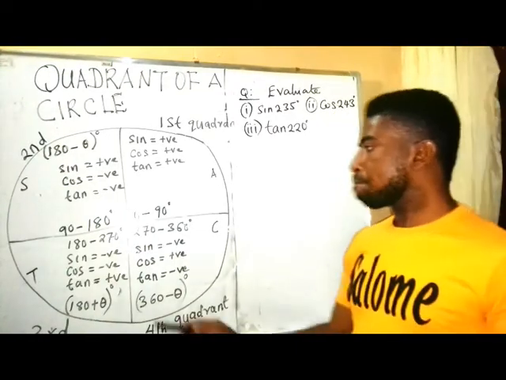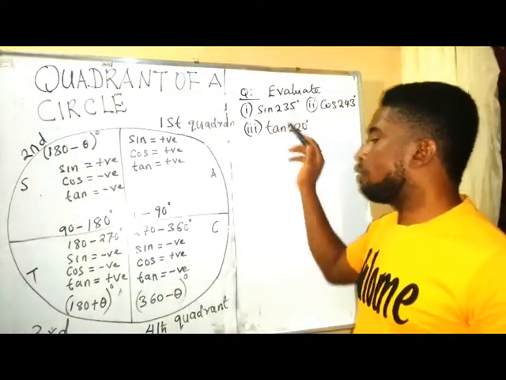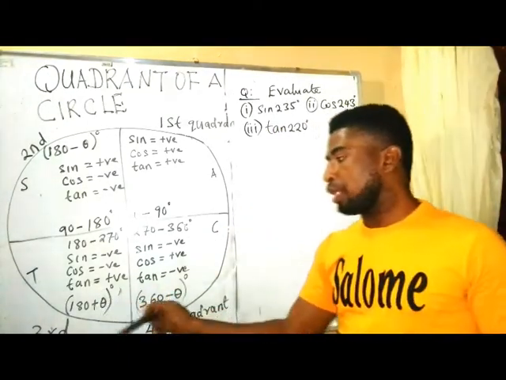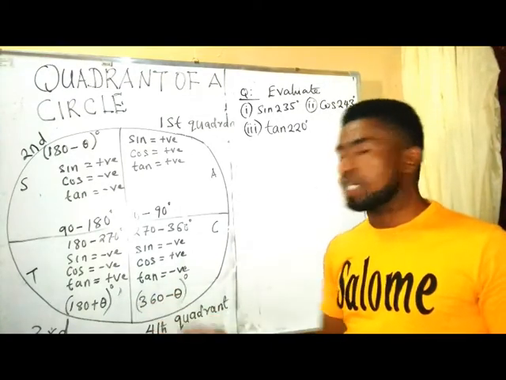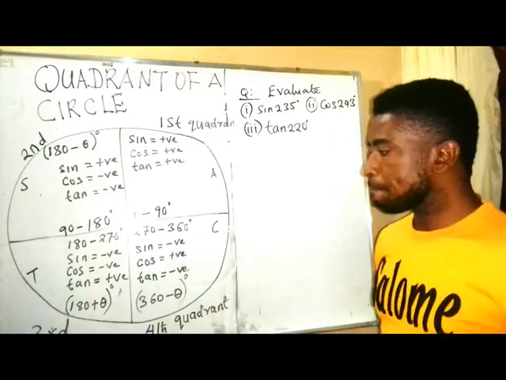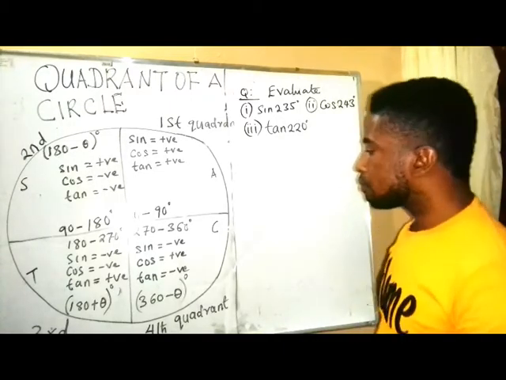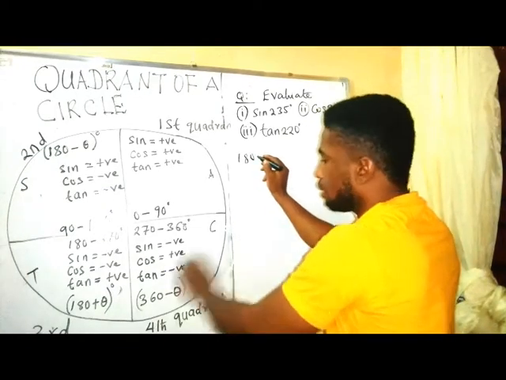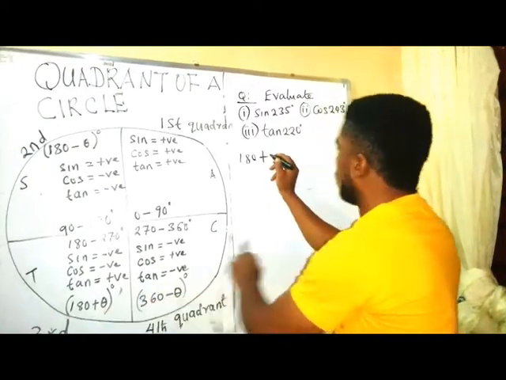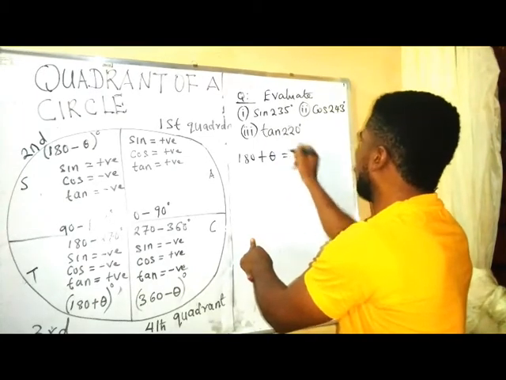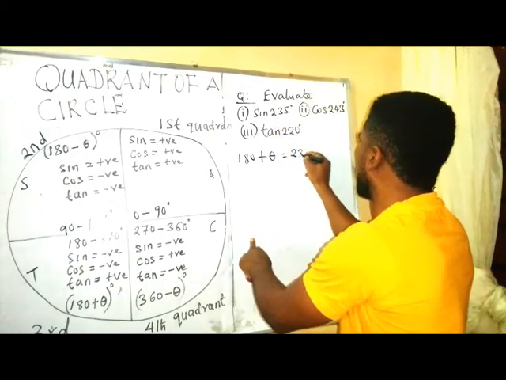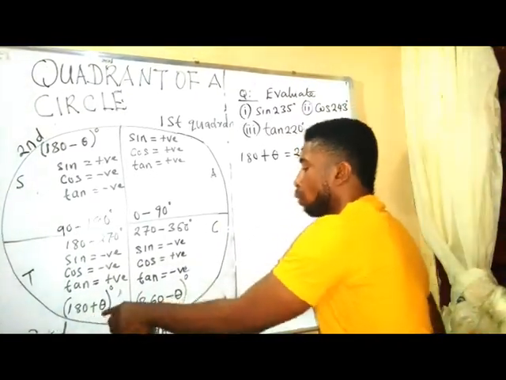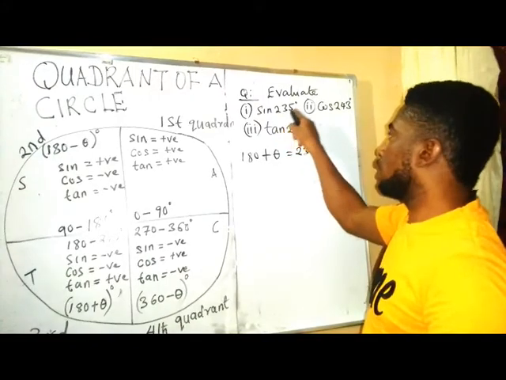Having done this, that this 235 degree falls in the third quadrant, and looking at the range of the angle in the third quadrant, 180 plus theta, that is to say: 180 plus what angle will give you 235 degree?